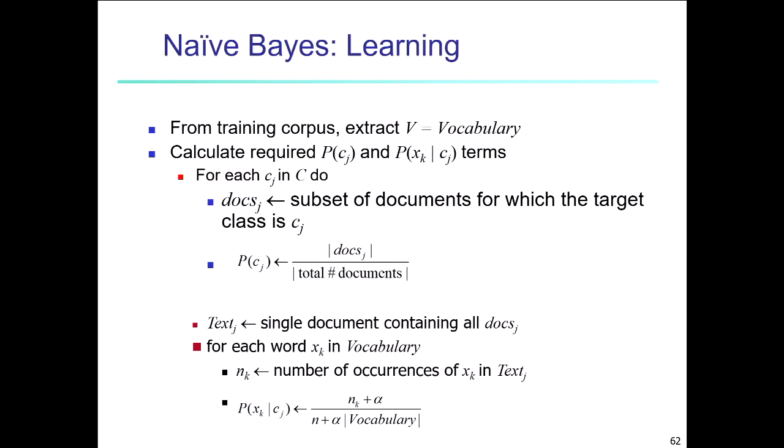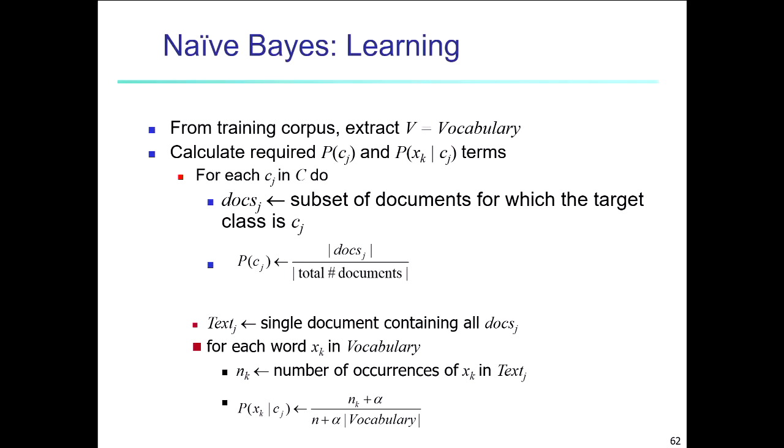So in the learning part, we first extract the vocabulary from the training corpus, and we calculate or estimate probability of Cj and probability of xk given Cj. Well, this probability of Cj is the number of documents which the target class is Cj divided by the total number of documents.